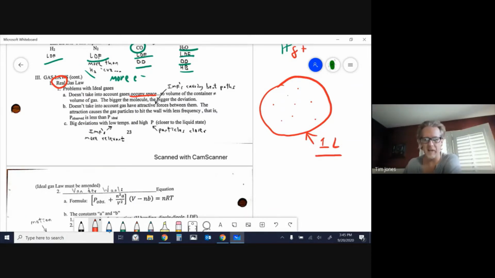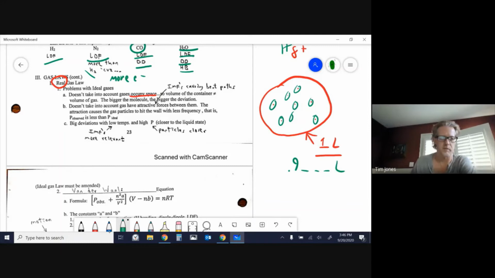But that's not actually true. It turns out they actually have a little bit less than 1 liter because of the actual particles taking up a tiny bit of space. So in reality, depending on the problem, it's not 1 liter, it's 0.9 something liters. And normally we don't have to worry about it.